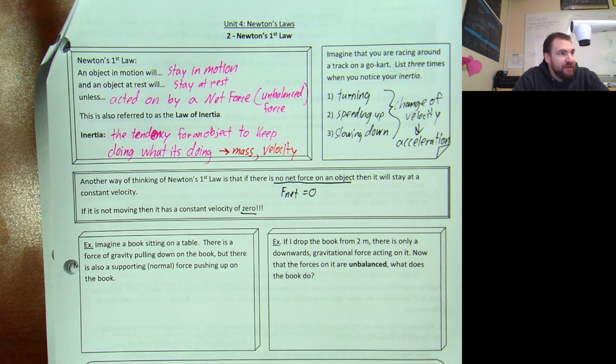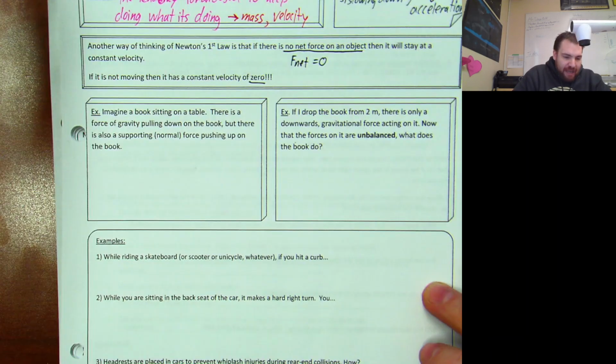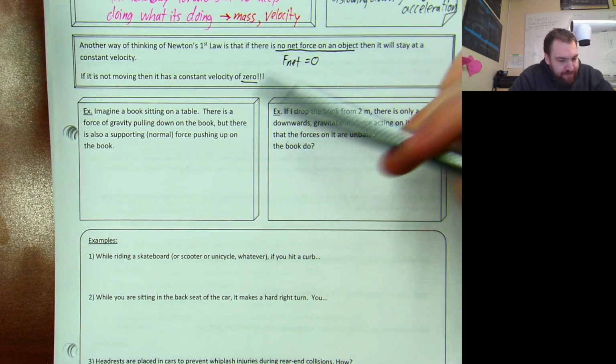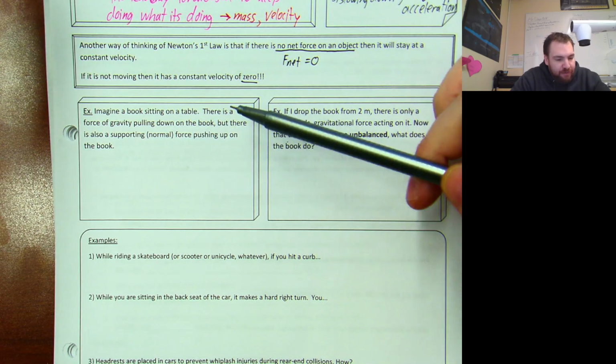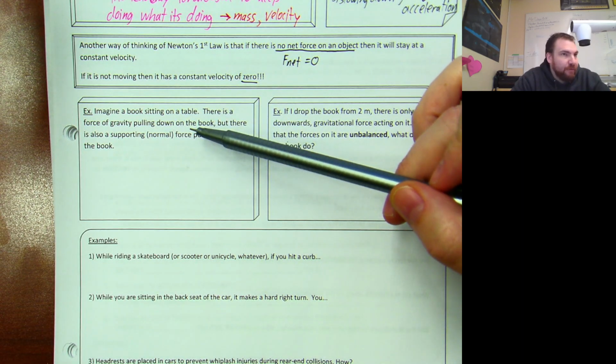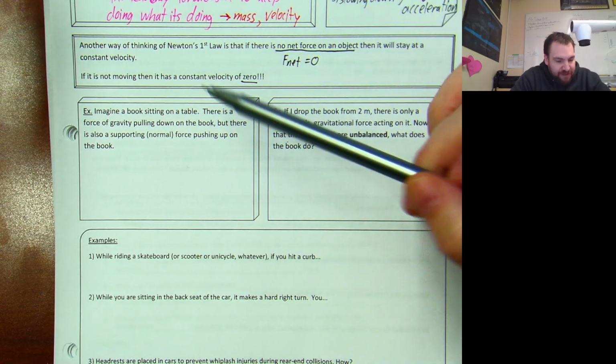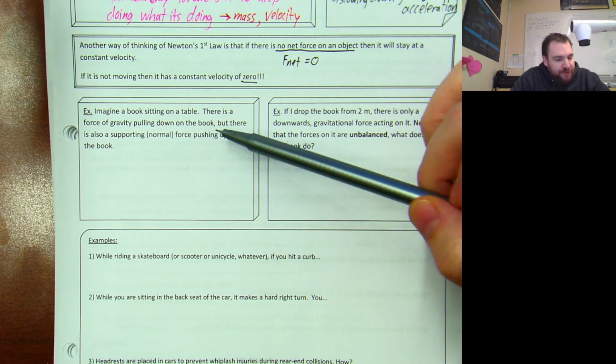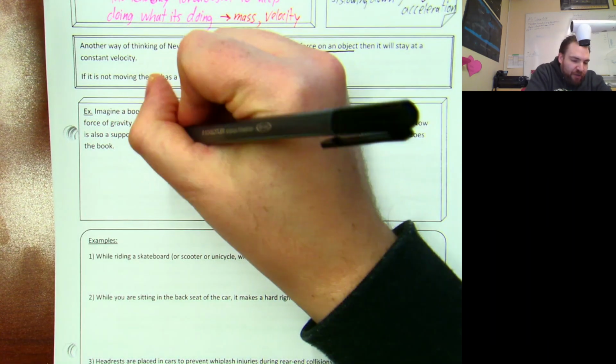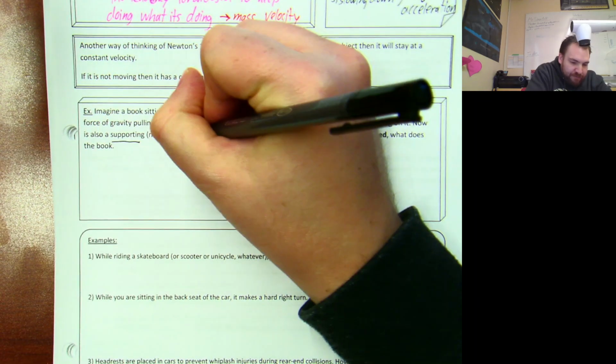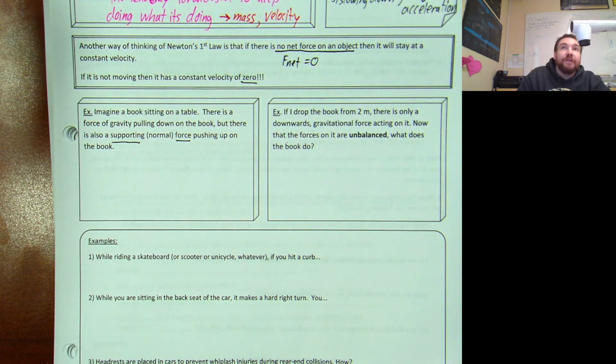Objects that are at rest are also at constant velocity. It just happens to be 0 velocity. So imagine a book sitting on a table, or you sitting in your chair. The force of gravity pulls the book down. We know this. But there's also a supporting force pushing up on the book. We call this supporting force a normal force.